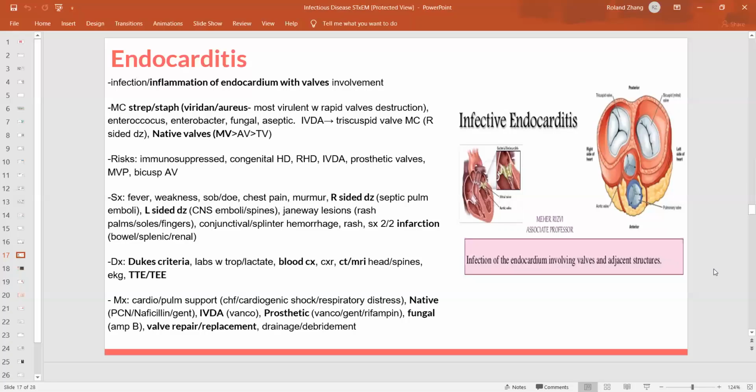For your prosthetic valves that become infected, we recommend that you cover for MRSA, and gentamicin and rifampin as well. Fungal is very rare, so I wouldn't worry about it too much. And if it gets bad enough where there's a lot of involvement or the vegetation is greater than, I believe, 5 centimeters, then they need valvular replacement.